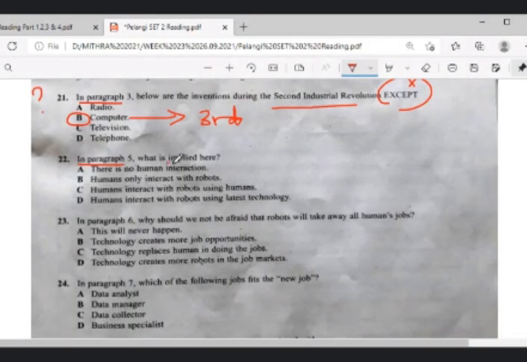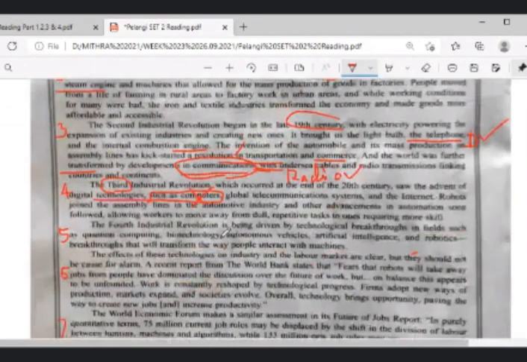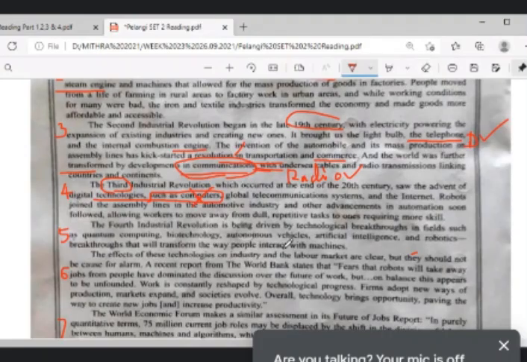Okay, now let's go to number 22 in paragraph 5. What is implied here? Okay, in paragraph 5. The fourth industrial revolution is being driven by technological breakthroughs in fields such as quantum computing, biotechnology, autonomous vehicles, artificial intelligence, and robotics.